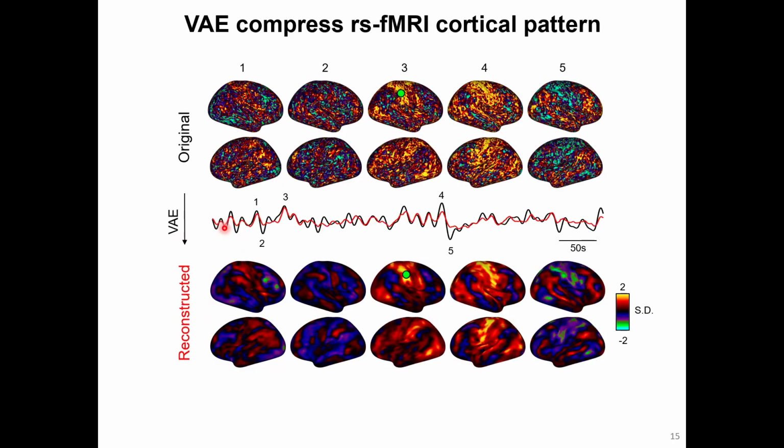And surprisingly, the black one is from the original fMRI data in this green area, and the red one is the reconstructed fMRI activity, and you can see it follows pretty well, suggesting that it can still capture the temporal information of the fMRI data.